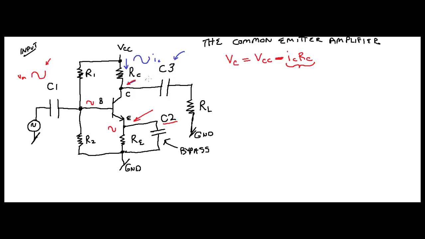This means now that your voltage is going to look something like this, instead of this, which is your current, and instead of this one, which is your input voltage. So you notice this is 180 degrees out of phase with the input.